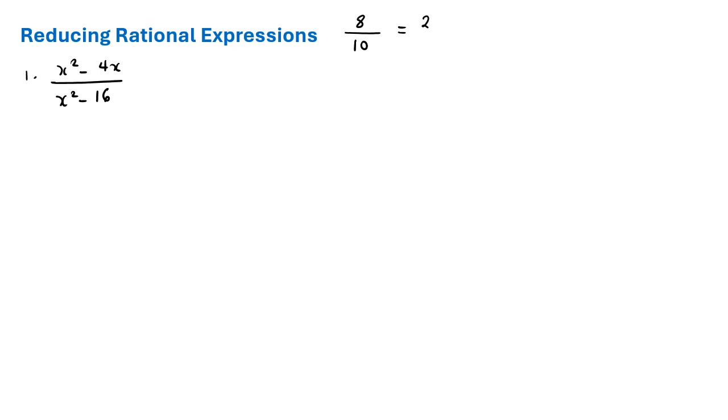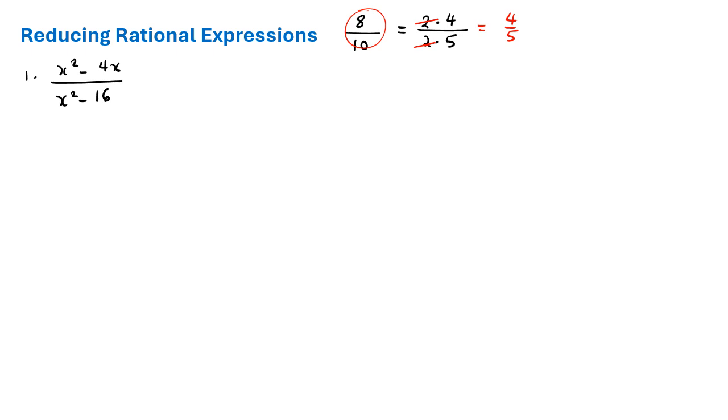But then we're looking at the product of those factors, so 2 times 4 is 8, and we know that 2 times 5 is 10. In order to reduce this fraction, I would just have to divide the common factors, which means I get 4/5.